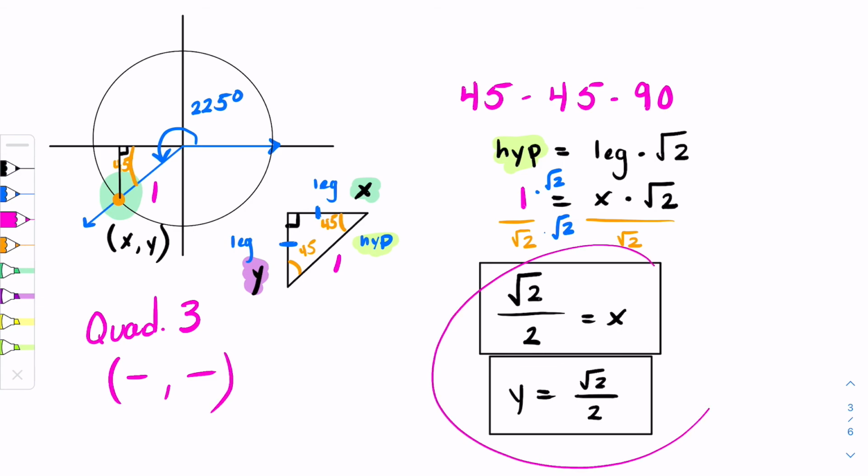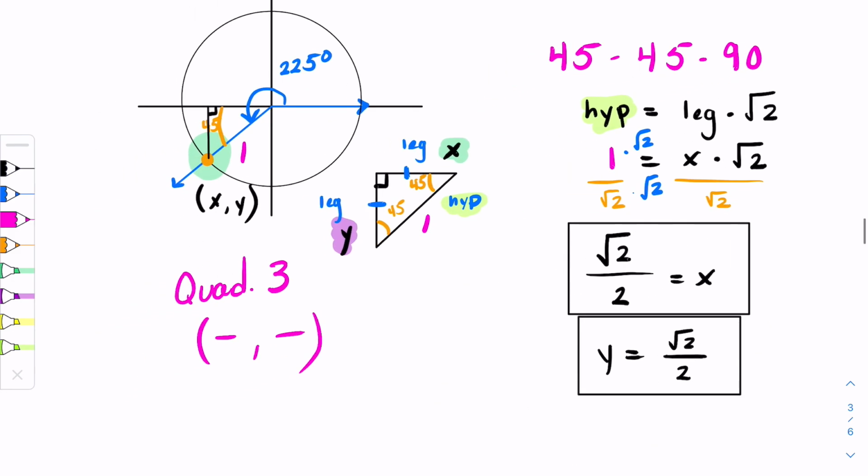Your answers are always going to come out positive, but you have to make sure you apply the correct signs. So when I write this point, I need to write this point as my x coordinate of square root of 2 over 2, but that is now negative, and negative square root of 2 over 2 for my y coordinate.